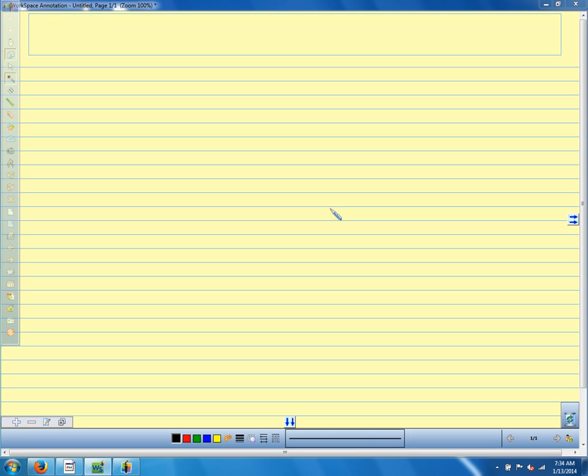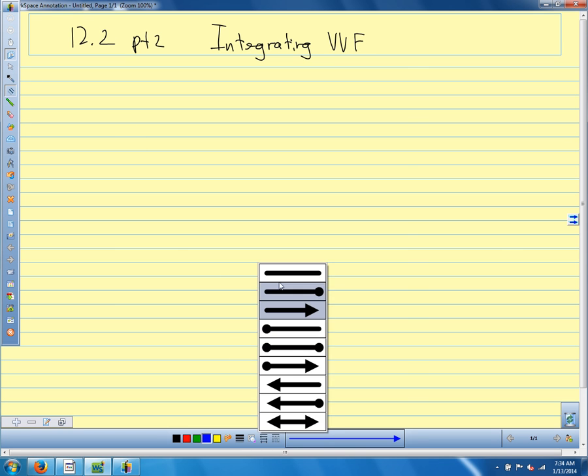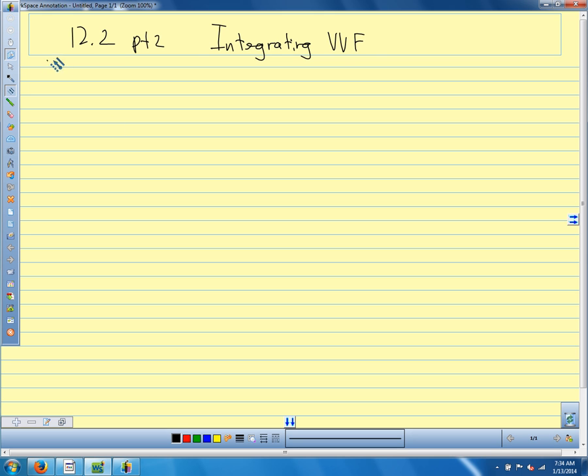All right, so we're in section 12.2, part 2. So we're going to integrate vector value functions today.